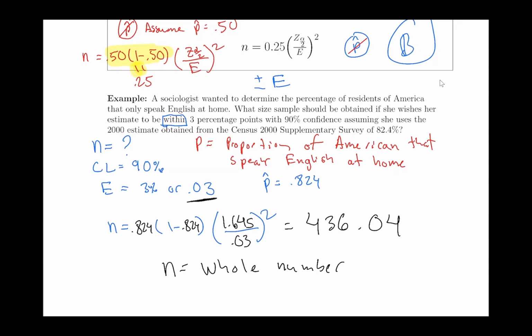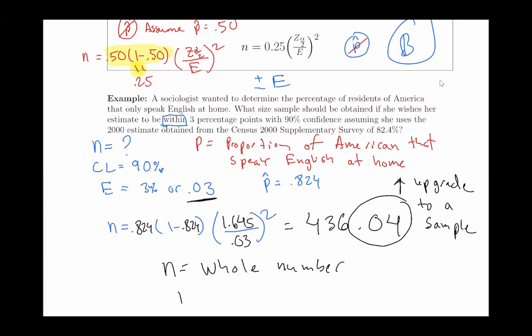So this is where you have to be careful, because the 436.04 is not going to be your final answer. What you have to do is take this 0.04 and upgrade it to a sample.